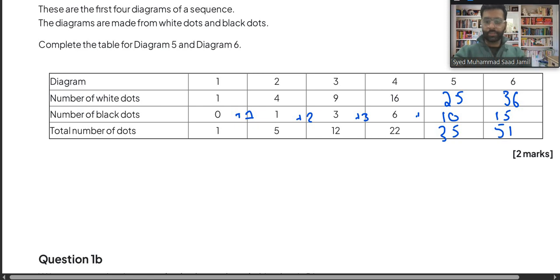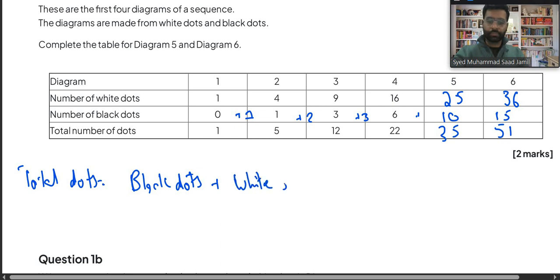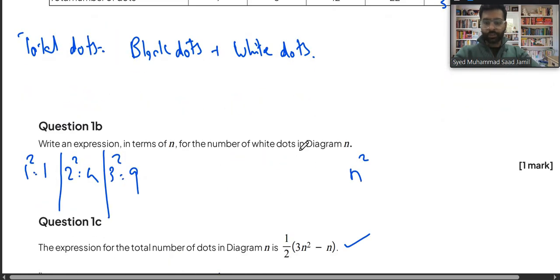I'll explain it again. Total dots is equal to black dots plus white dots. So I already know the expression for white dots. If I subtract the white dots from total dots, I will get black dots.